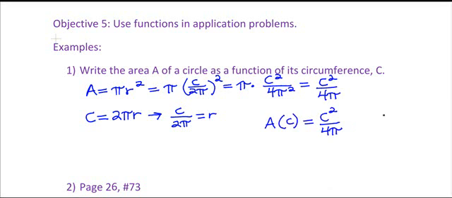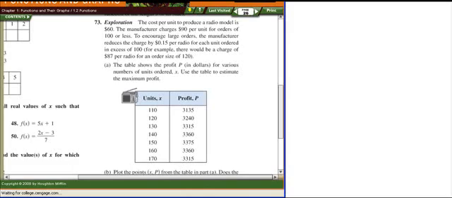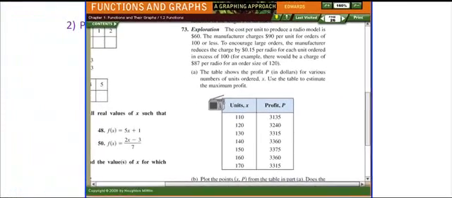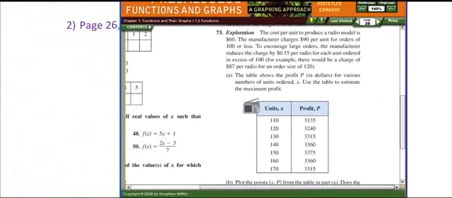Okay. Now I would like to work for you a problem from the textbook. It is problem number 73 on page 26. It says that the cost per unit to produce a radio model is $60. The manufacturer charges $90 per unit for orders of 100 or less.